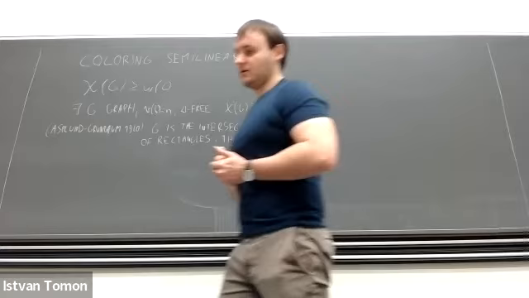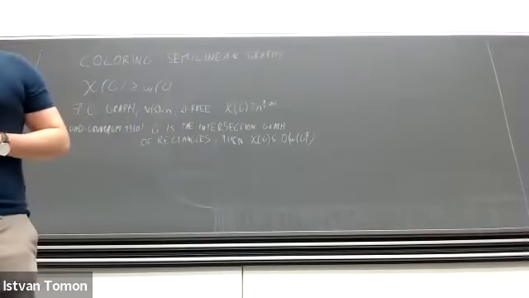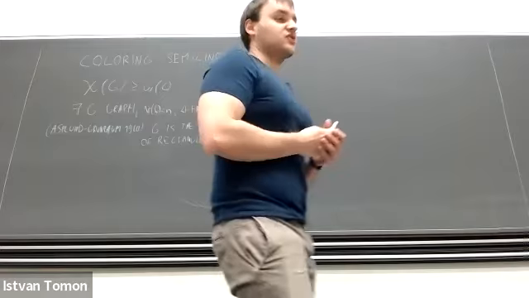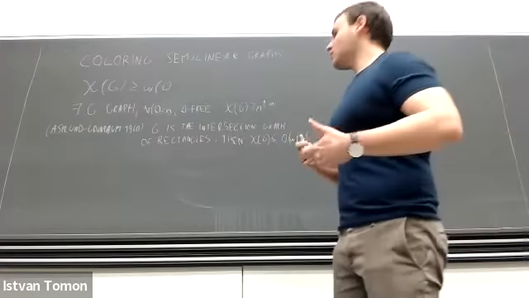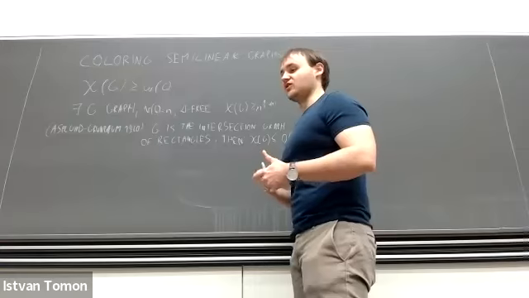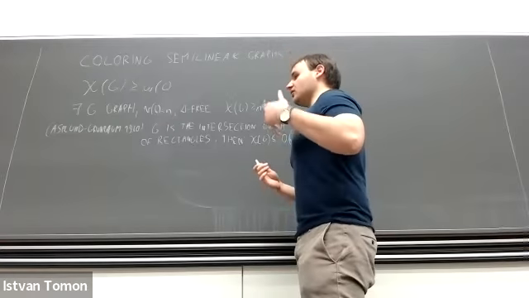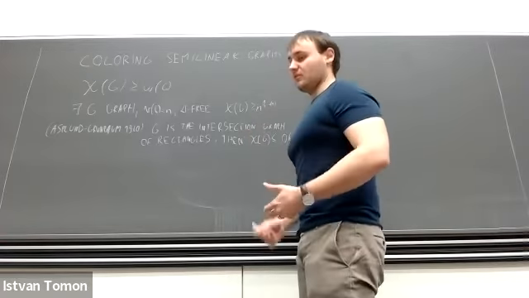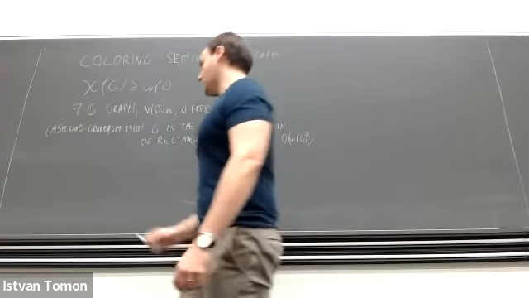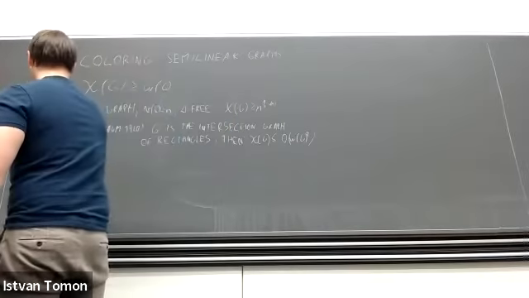Okay. So this motivates the question: what can we say about those families where there is some dependence between the clique number and the chromatic number? For this, we define the so-called chi-boundedness.